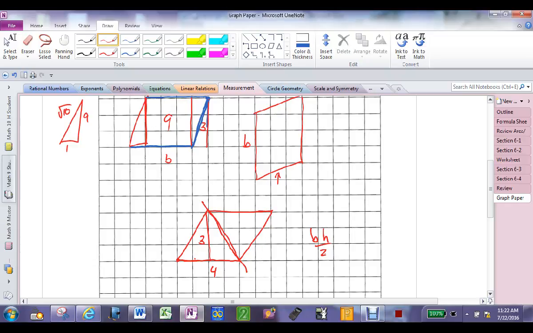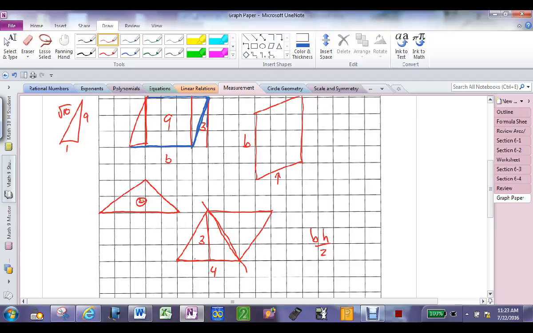Okay, now here's what messes you guys up. Oops, I want that to be right on the line. What's the base? We're doing this one right here. I'll put a happy face in it.